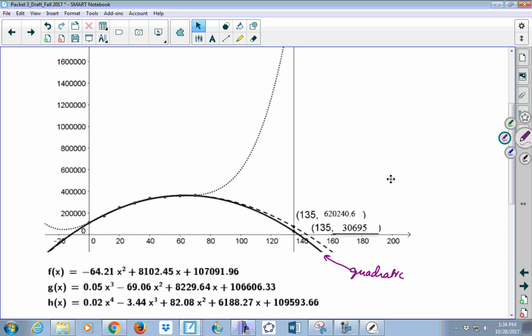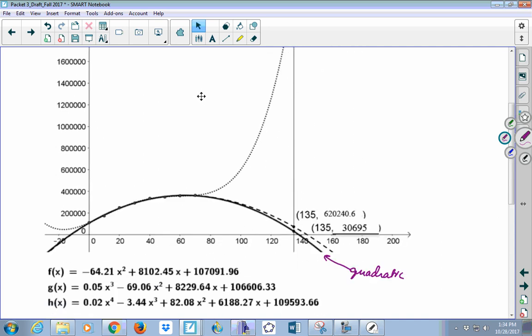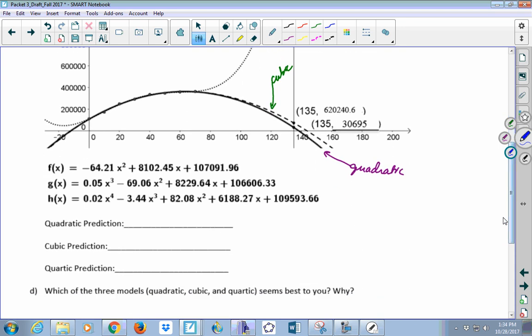The long dashes represent the cubic, so let's make that green. This is your cubic model. And the little dots here are your quartic regression. And here are the equations for each one of those regressions.